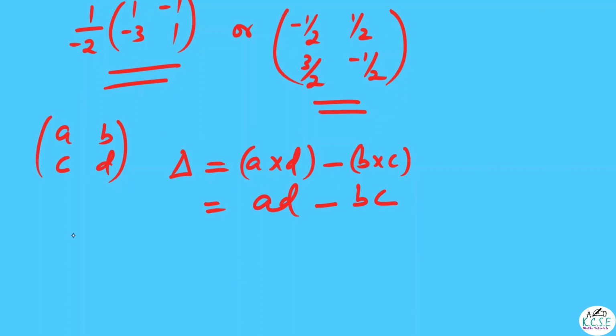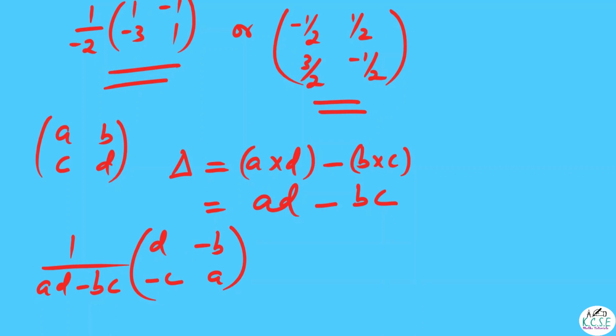Then to get the inverse, we get 1 divided by AD minus BC. Then these values, this is how we interchange them. It would be D, minus B, then minus C and A. So that is how we have obtained the inverse. This is just a reminder on how we get the inverse.